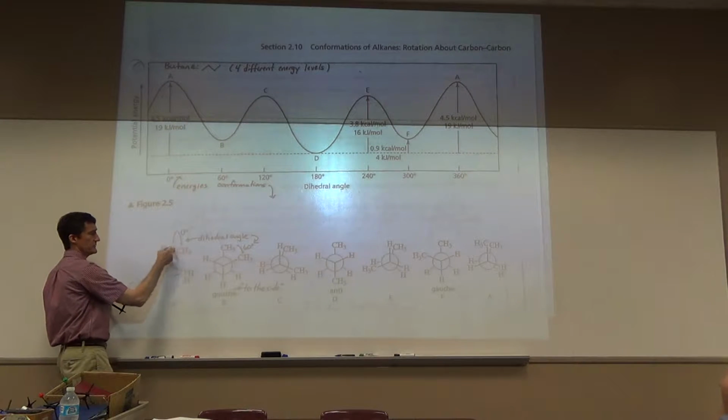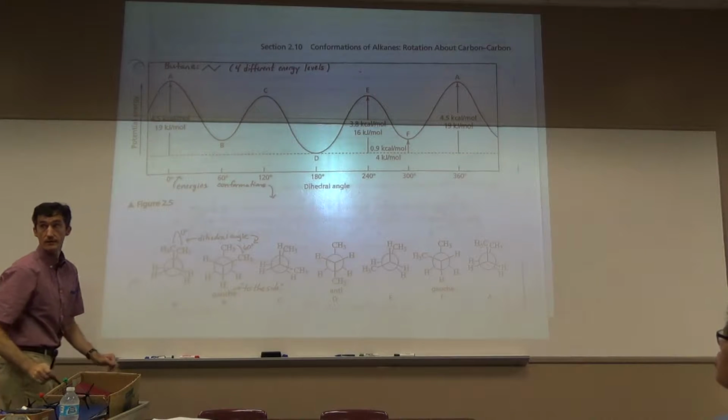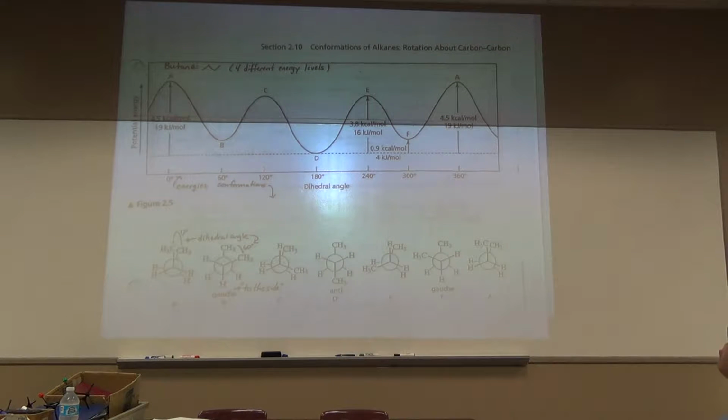Bigger groups eclipsing is going to be worse. That's why A is higher than C. Now, why is B better than A and C? Because B is staggered, and we said staggered is always better than eclipsed. I think we said that 3 minutes ago.